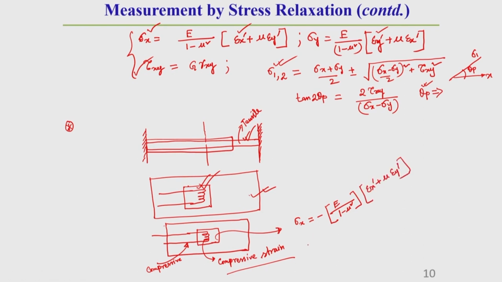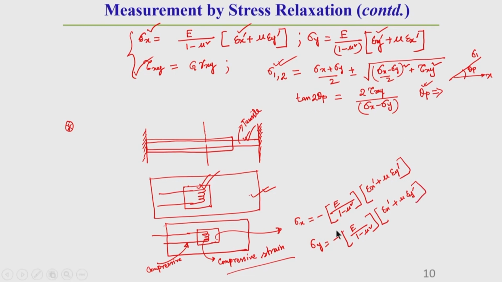Sigma y will be minus E by 1 minus mu squared into epsilon y dash plus mu epsilon x dash. So, a negative sign will be there.